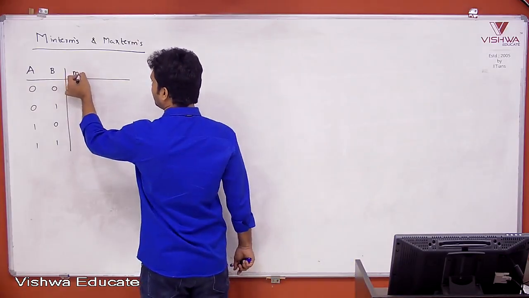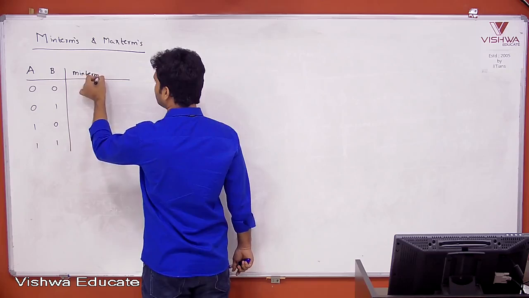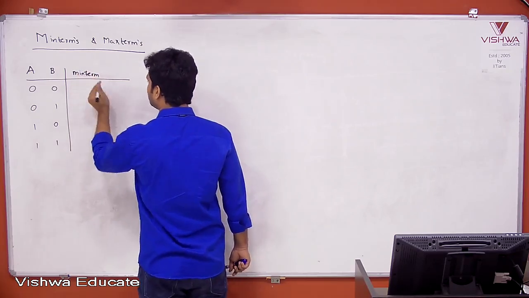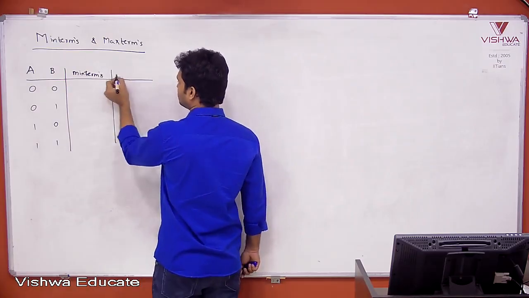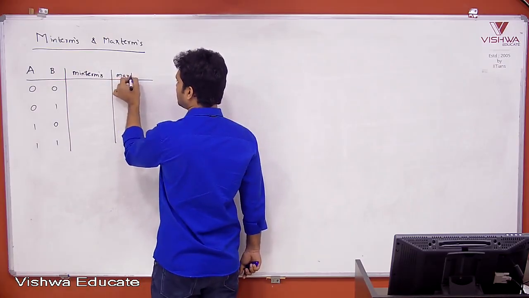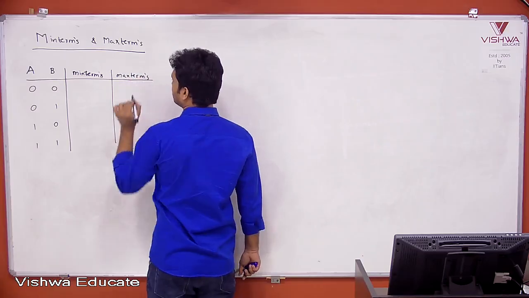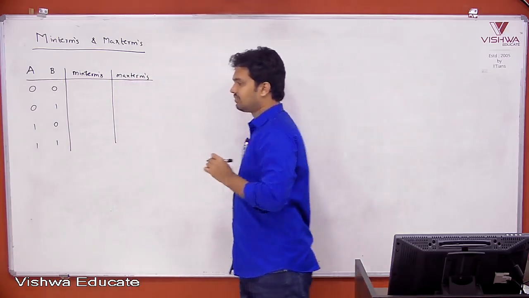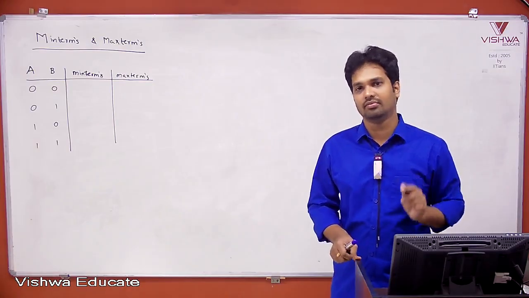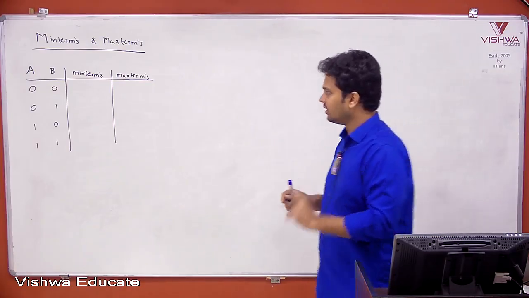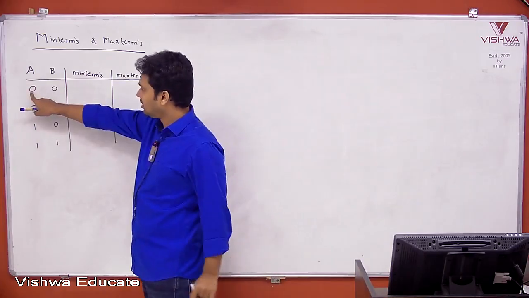Min terms will specify the condition for the output to be 1 for a particular input, say here for example A and B are 0 0.